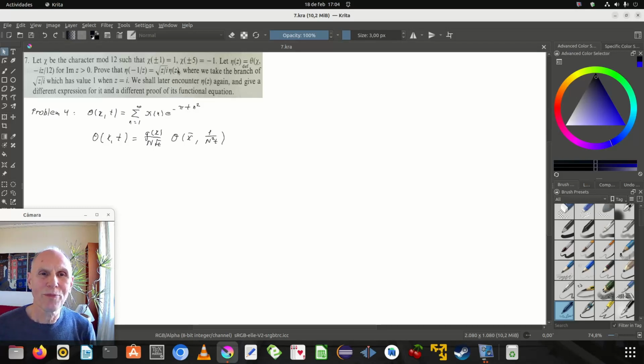And then you don't get a function you can work with. They define eta by using the theta function, and it doesn't say the theta function from which problem. So I believe it's the most simple one from problem 4. So let's see what we get using that.